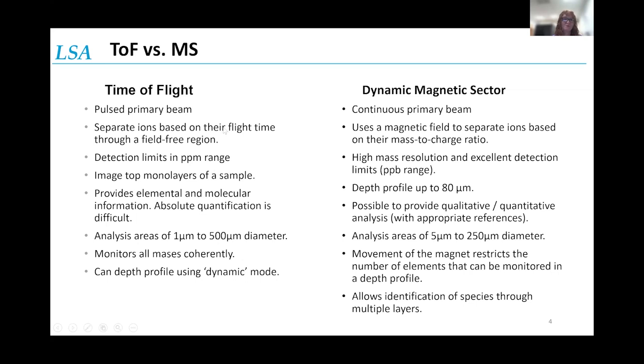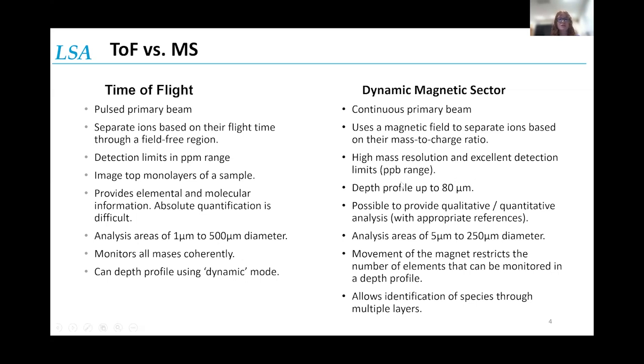Whereas the magnetic sector SIMS that we primarily use here at LSA has a much lower detection limit, so we can go down to parts per billion range, and our depth profile can go up to 80 microns if it's required.